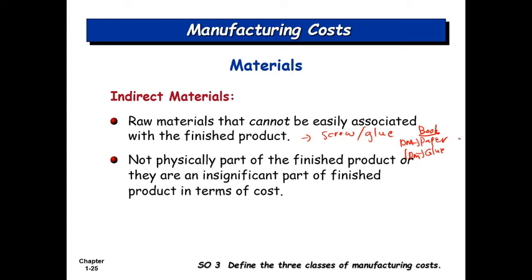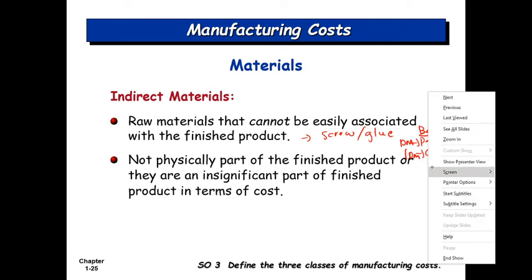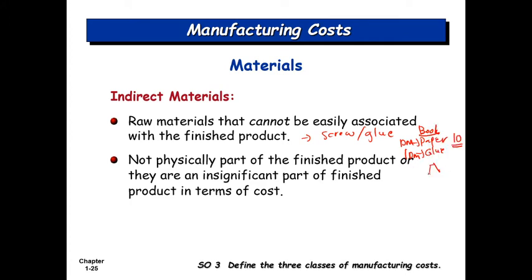Paper, of course, we know for each book costs you maybe $10. But glue, one bottle of glue costs you 15 ringgit, and this 15 ringgit can make 5 books, or maybe more and more.